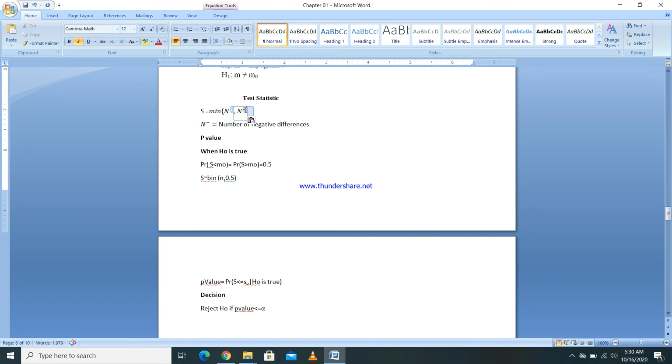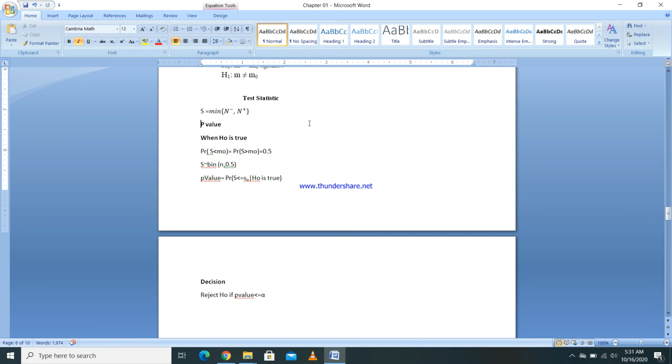So in this case this is n plus, and you take the minimum value from n minus. You calculate the n minus and n plus, and you take the minimum value among them as your test statistic.